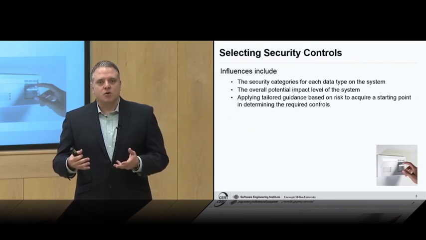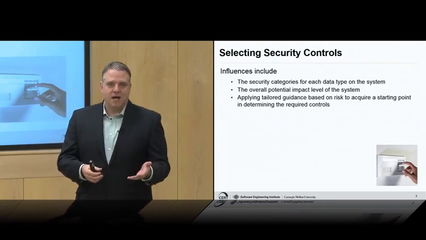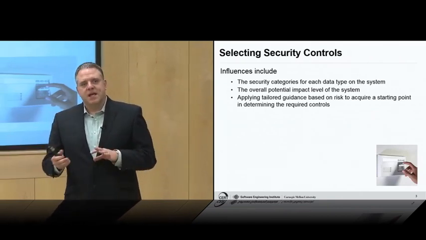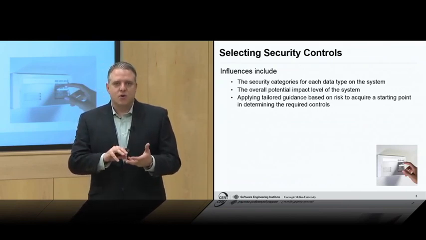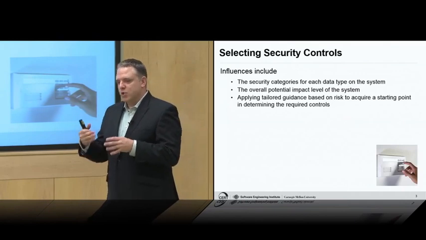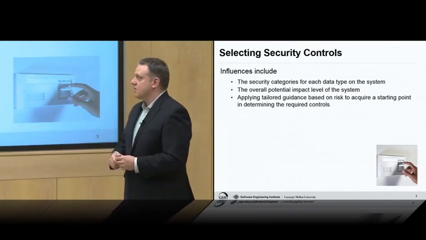You might want to look at the overall impact level of the system. If the system goes down, is this a bad thing, a really bad thing, or a catastrophic thing? And then what you'll probably want to think through is how do I tailor this so that the controls fit my environment and help me really mitigate the risk of what I'm trying to address with my threat scenarios.